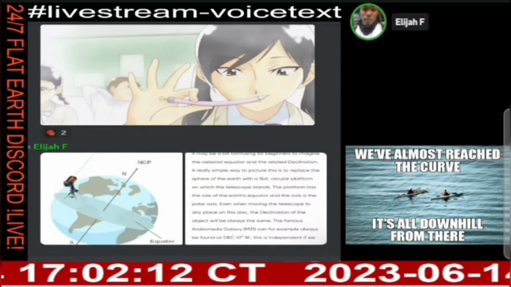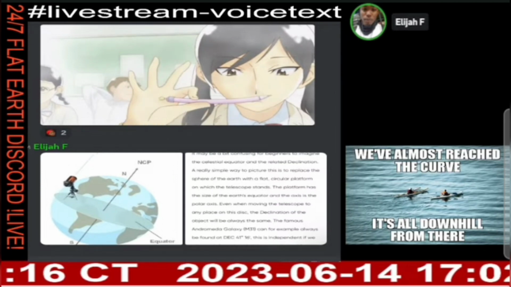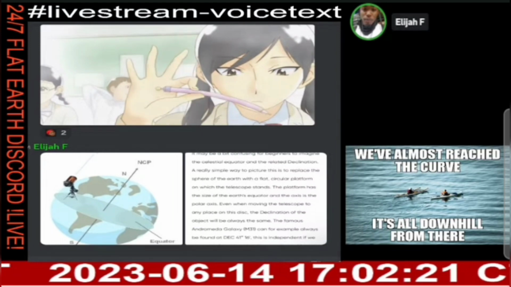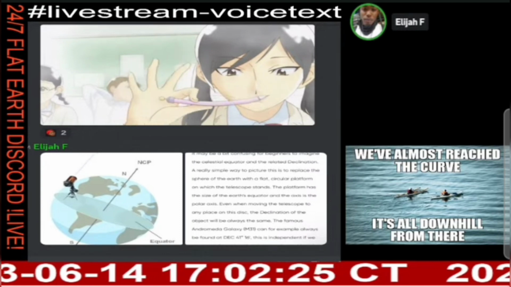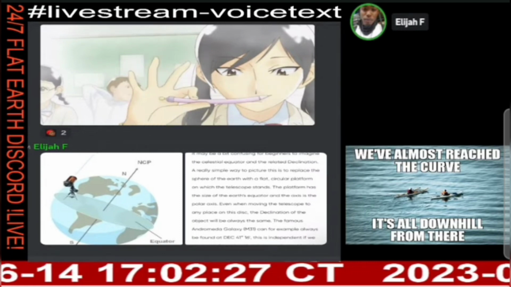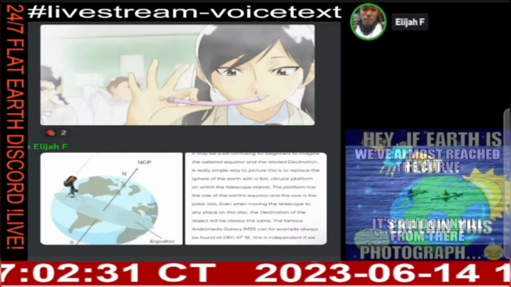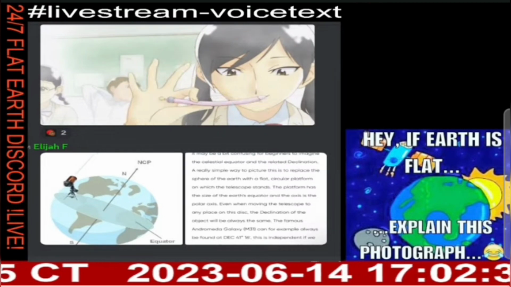Even when moving the telescope to any place on this disk, the declination of the object will always be the same. The famous Andromeda Galaxy M31 can, for example, always be found at declination 41 degrees 16 minutes. Anyway, the rest of that doesn't matter.